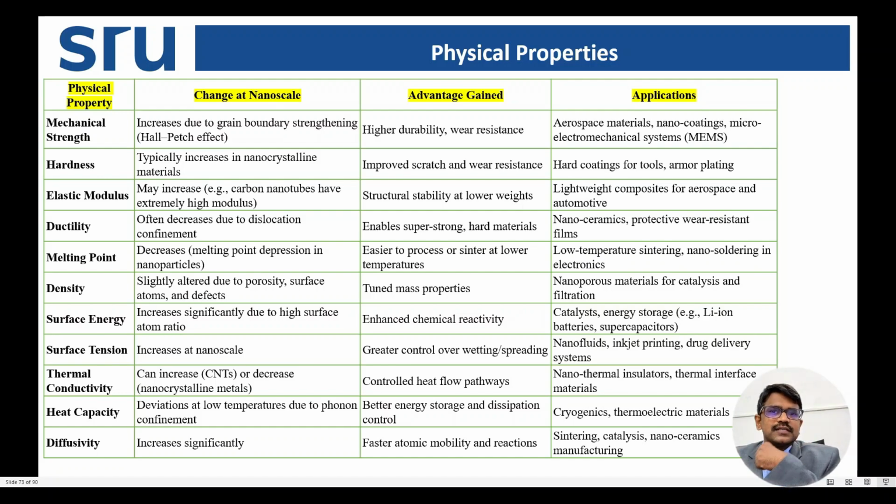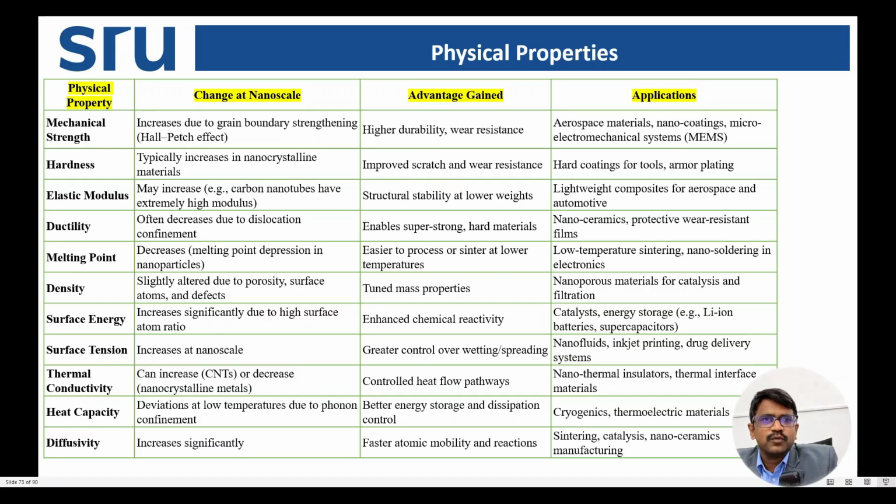As the size reduces from macro material to nanomaterial, all these properties are changing: mechanical strength, hardness, elastic modulus, ductility, melting point, density, surface energy, surface tension, thermal conductivity, heat capacity, diffusivity. In all these properties, we can find change when a material comes from macro size to nano size.